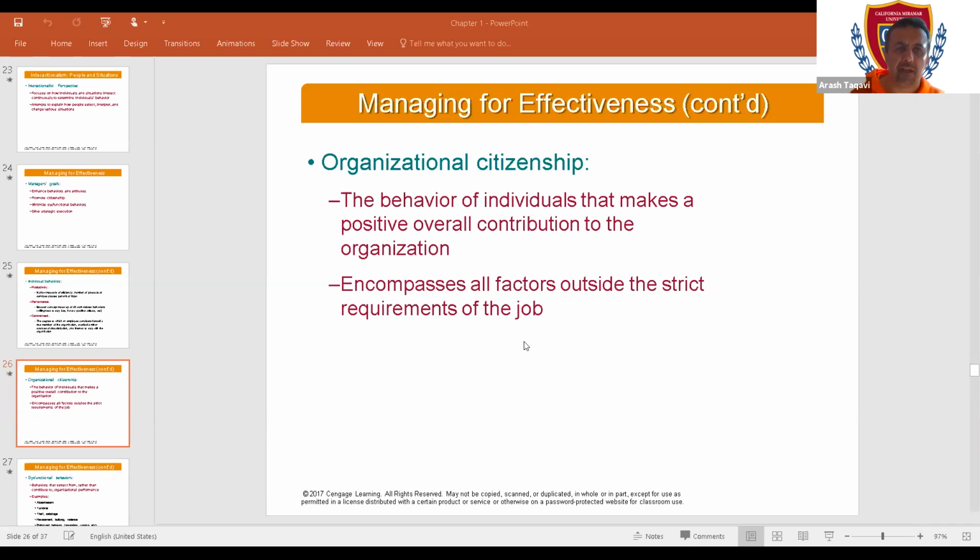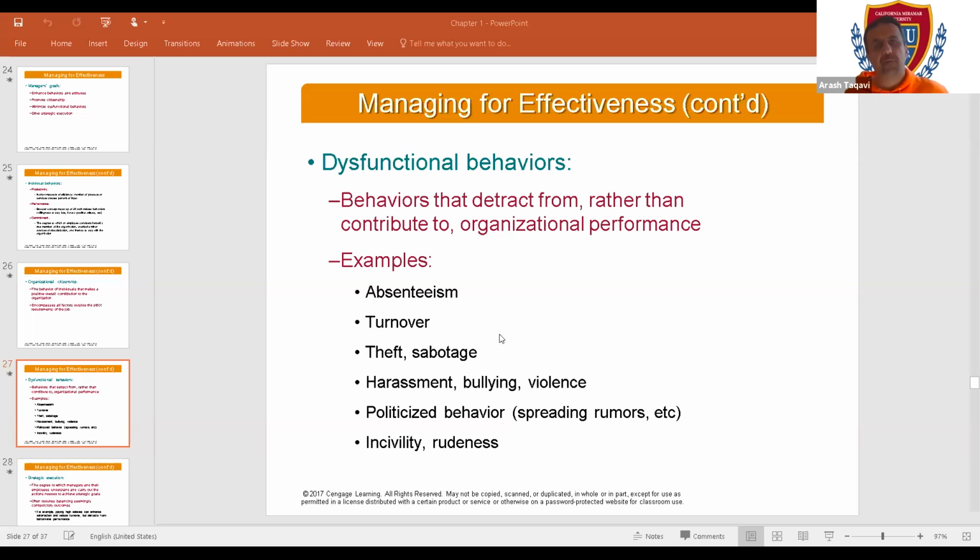It destroys anything for belongingness, for citizenship, for commitment to the organization. It encompasses all factors outside the strict requirement of the job. And dysfunctional behaviors are behaviors that detract from rather than contribute to organizational performance.